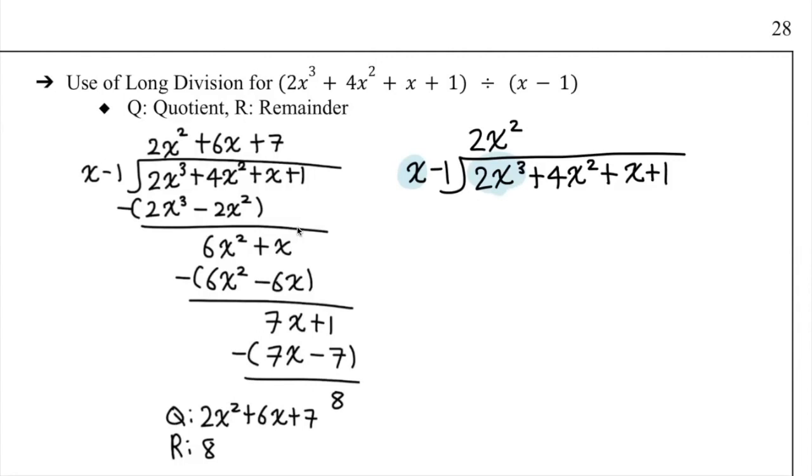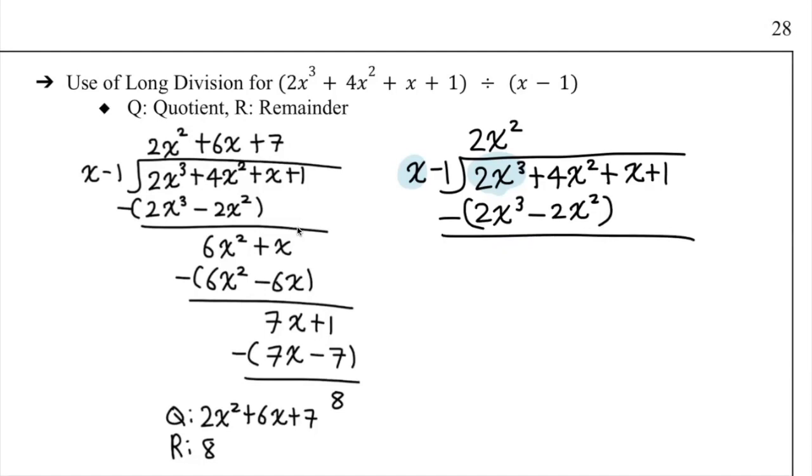Now you're going to multiply 2x squared by our divisor, and write it below our dividend. Then you're going to get 2x cubed minus 2x squared. And just like numerical divisions, you're going to subtract the bottom expression from the top expression.